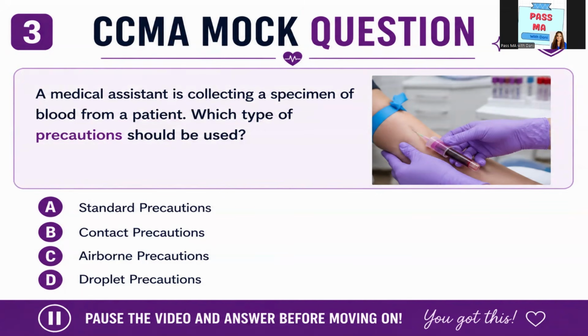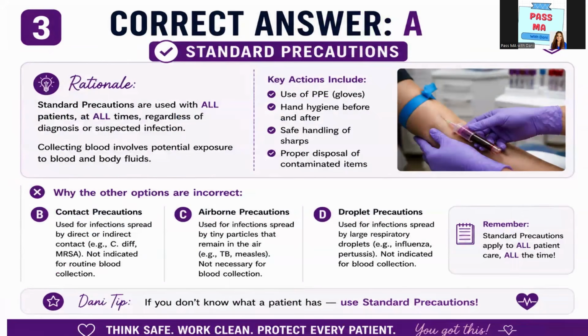Pause the video if you need to and make sure that you guys do choose your answer before moving on. All right, if you said A, then you are correct. Standard precautions are used with all patients at all times, regardless of their diagnosis or their suspected infection. Okay, A is standard precautions.